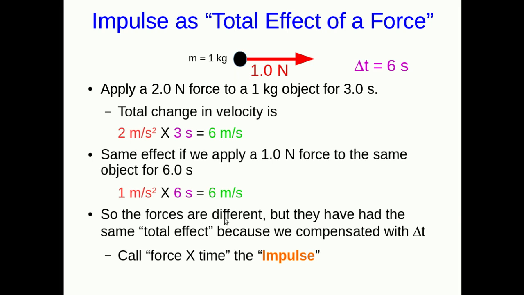So even though the forces are different, they've had the same total effect because we compensated for the lower force by applying it for a longer time. So we're going to call this total effect, which is the force times the time, the impulse.